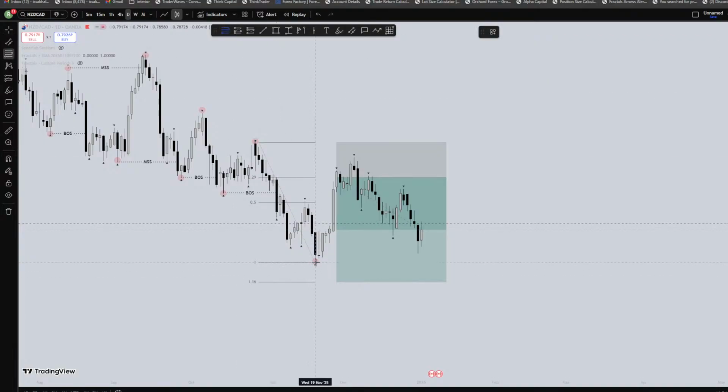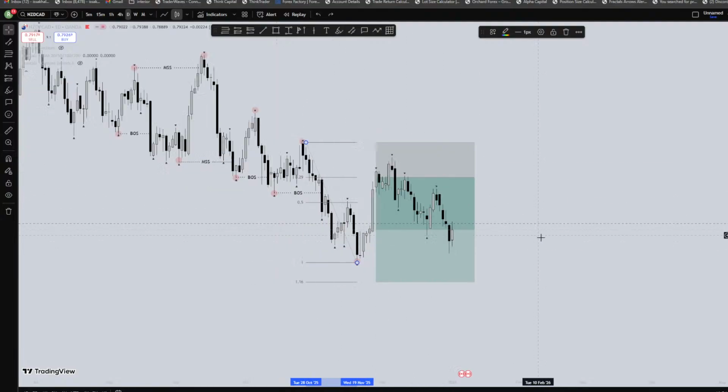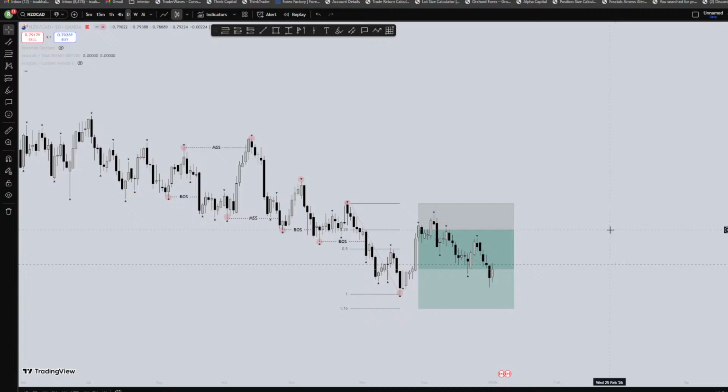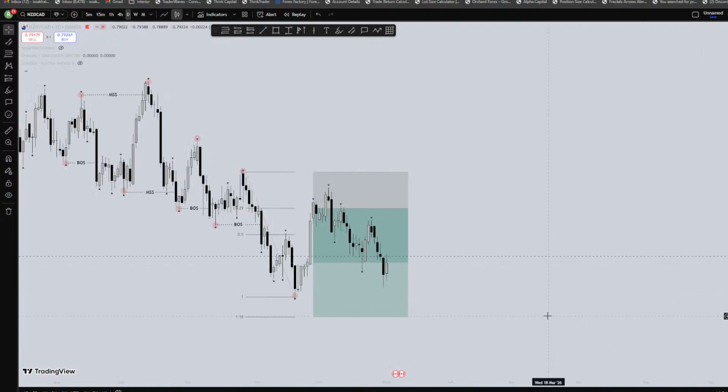Rather confirm this as our point. As you can see, since this didn't really come in deep as we want, it's an opportunity to sell further. As you can see, we are in a sell.